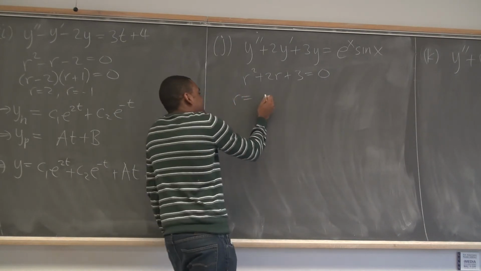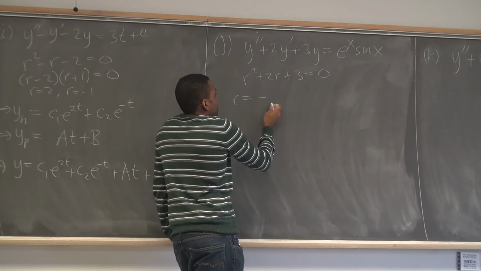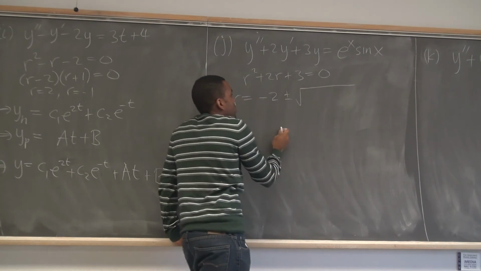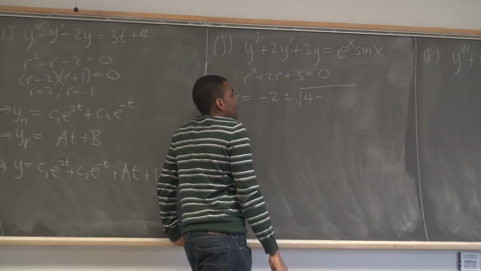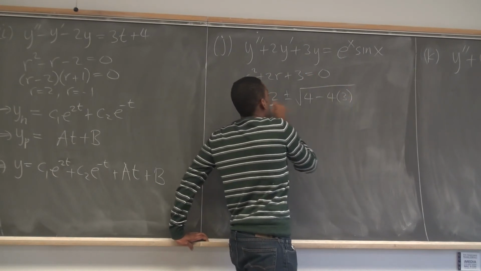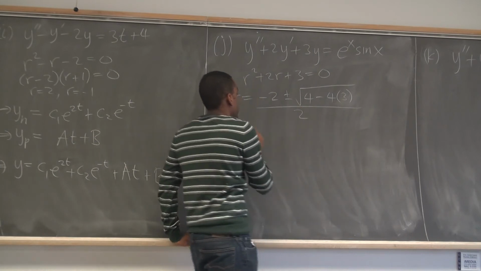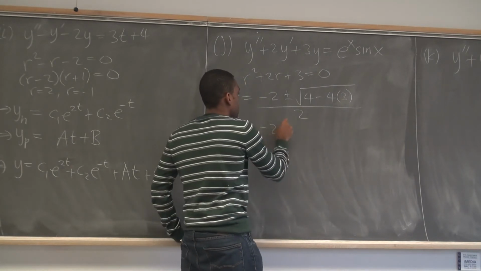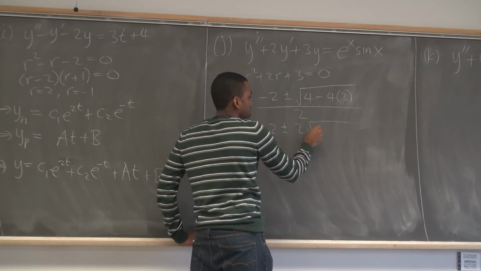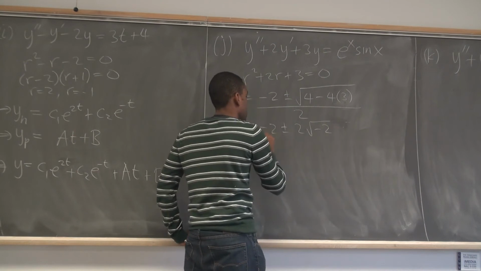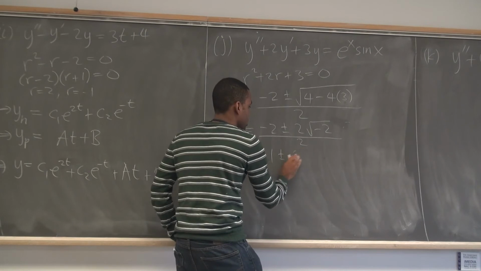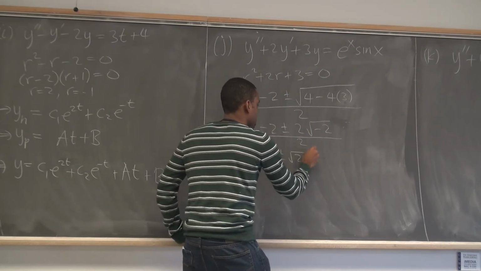Minus b plus or minus the square root of b squared minus 4ac, 4 times a times c, that's 12, all over 2a, which is 2. I can factor out a 4, that gives me a 2, which would leave me with 1 minus 3, so that's minus 2 here, all over 2. So this really gives me minus 1 plus or minus radical 2i.